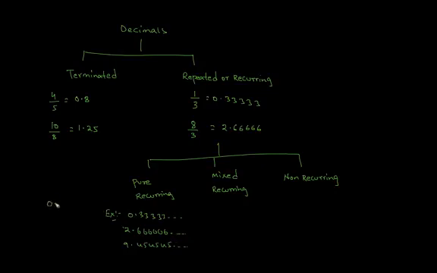Recurring decimals can be expressed with a bar. Simply, instead of writing all 0.3333, if you put a bar, it means that it is a recurring decimal. So here you will put 2.6 bar. In this example, you will put 9.45 bar.